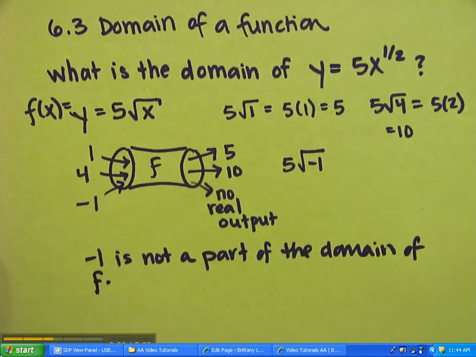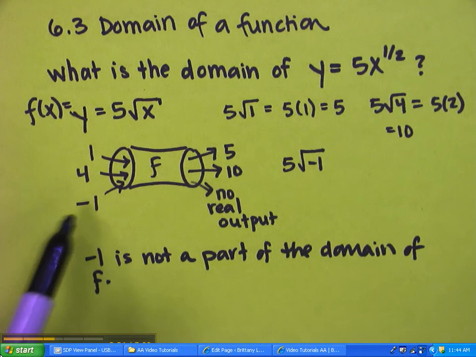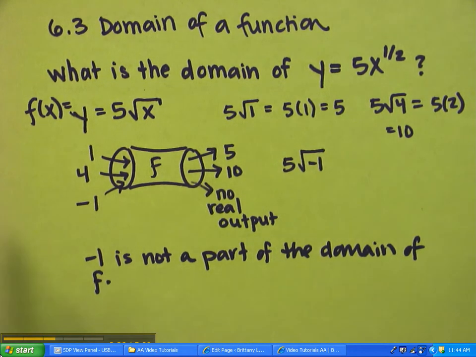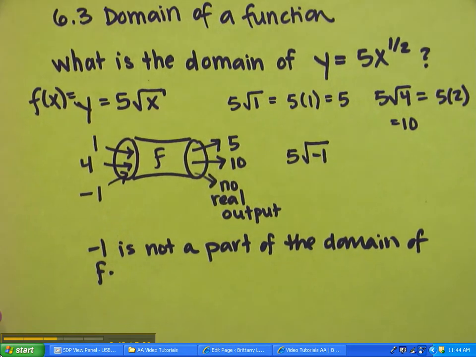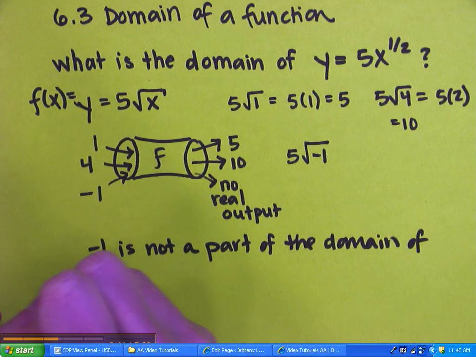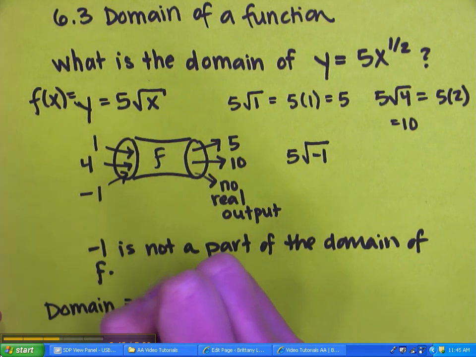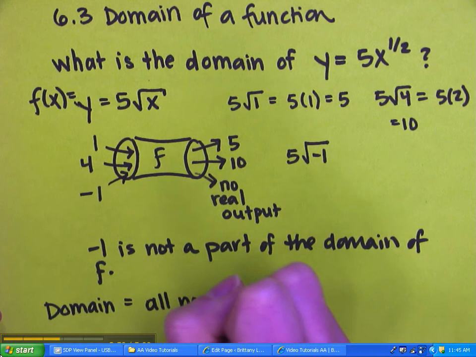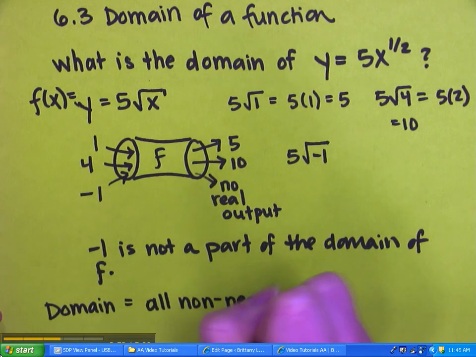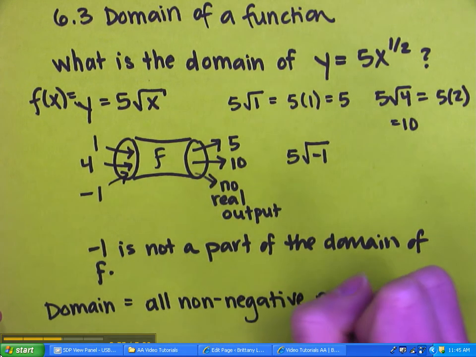So what other numbers would not be a part of the domain? Well, pretty much any negative number is going to cause us problems, and any positive number is going to be okay. We can plug in whatever positive number we like. So the domain of this function is equal to all non-negative real numbers.